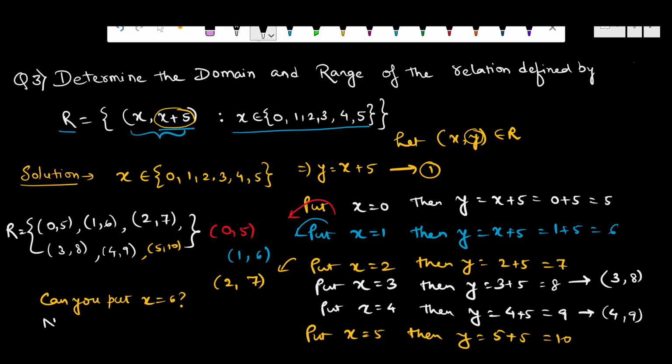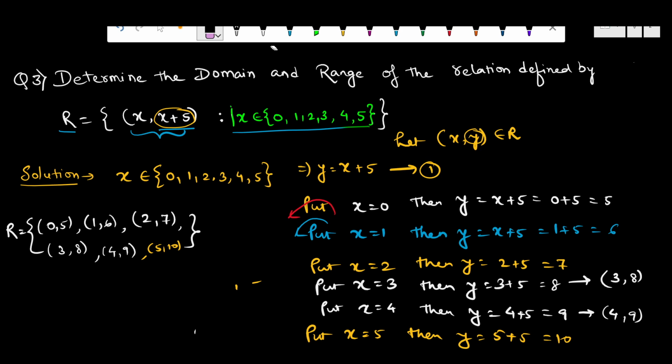The answer is no, as x lies between 0 to 5. So we cannot put x equals 6, as x lies between 0 to 5, right? I hope this is clear to all of you.